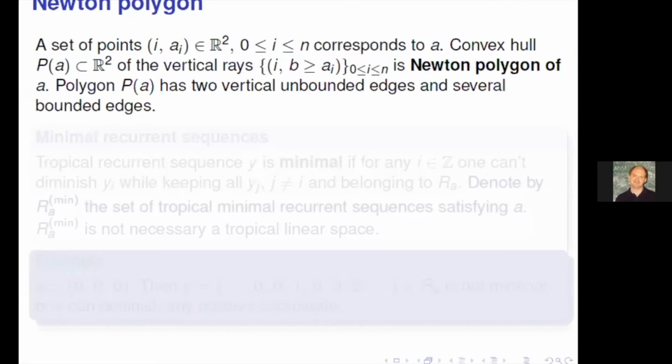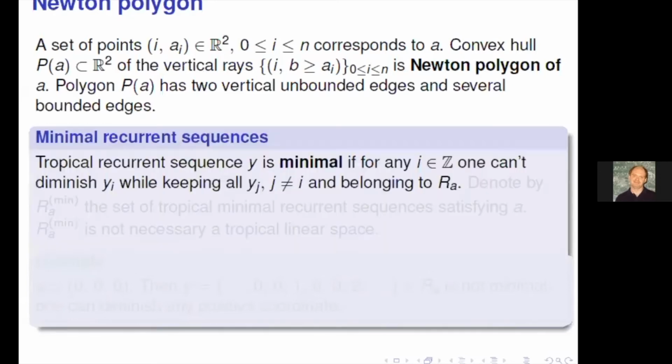The polygon has two vertical unbounded edges, from the left and from the right, and several bounded edges. And just one definition, which will be for the future, maybe for the second part of the talk: we call a tropical recurrent sequence I-minimal if for any i one cannot diminish it while keeping the rest and satisfying the property to be a tropical recurrent sequence satisfying A. So you cannot change any coordinate.